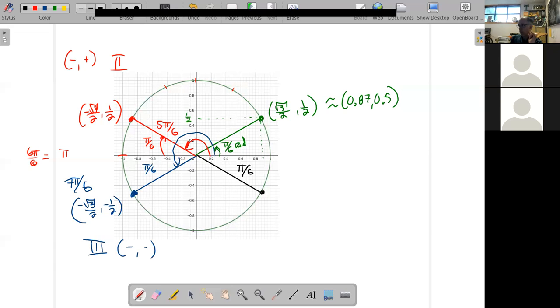So we had 1, 2, 3, 4, 5, 6 pi over 6s to get here. 7, 8, 9, 10. That would be 11 pi over 6 to get to there. So that's the angle in standard position. Reference angle is pi over 6. And again, due to the symmetry of the circle, I just have to think about signs here. X is positive in this quadrant, in quadrant 4, but y is negative. And so this point right here must be square root of 3 over 2, negative 1/2 for the point.